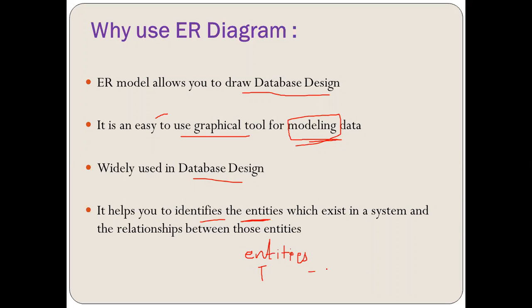And when we define the relationship between entities, we define the relationship between different tables, right? If this is entity 1, this is table 1, this is entity 2, then this is table 2. If we are defining the relationship between the entities, that means we are defining the relationship between the two tables, right?